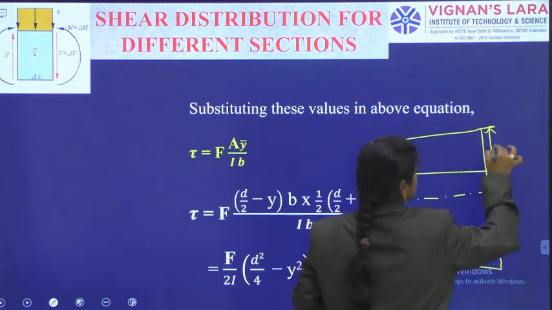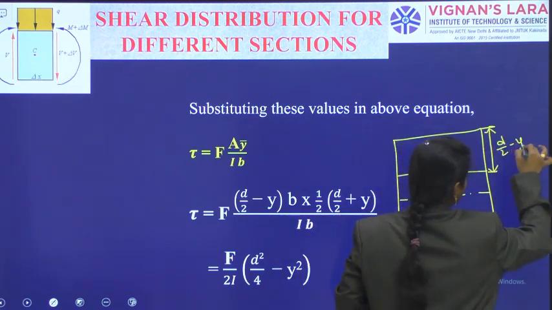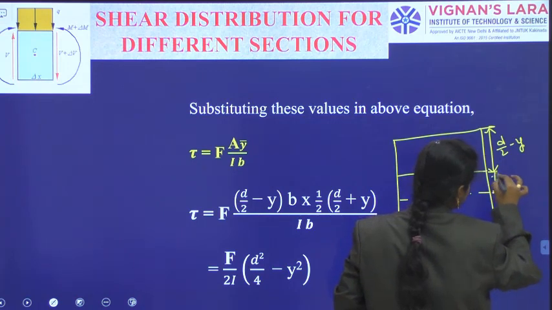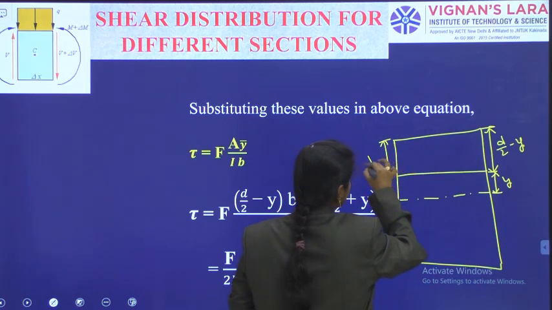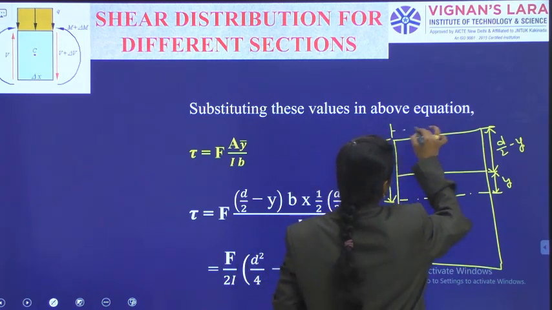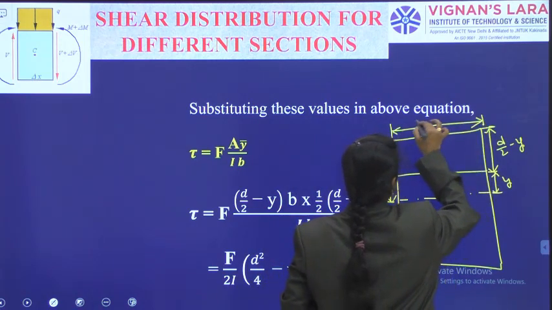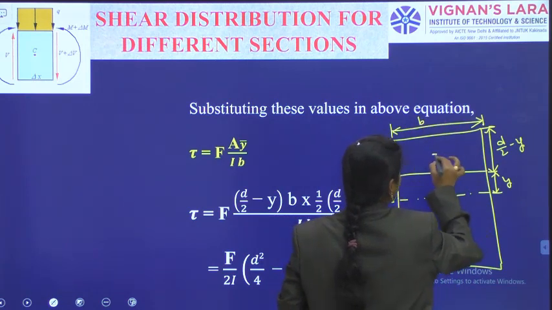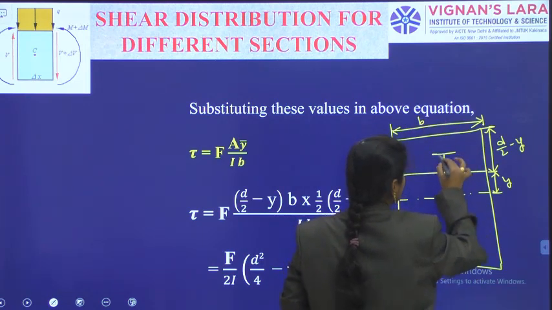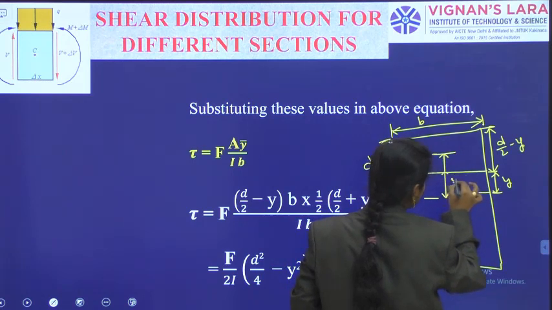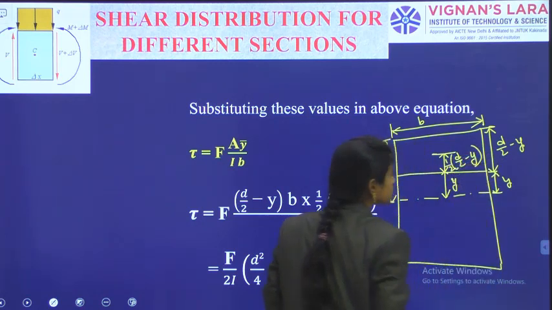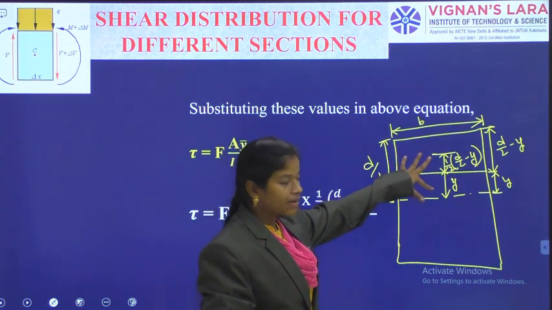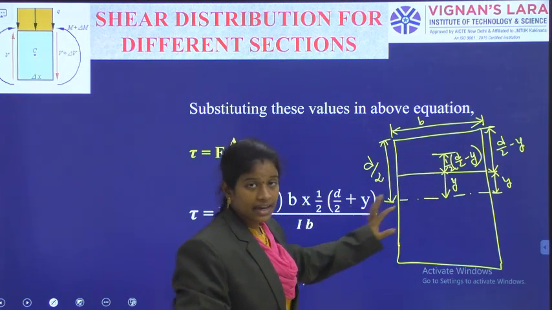This one is d by 2 minus y as it is, y as it is, wholly d by 2, with b, and I have the centroid like this, at this remaining measurement of y and this remaining measurement of d by 2 minus y and half. In this way we have got the y bar distance, area, I and b.